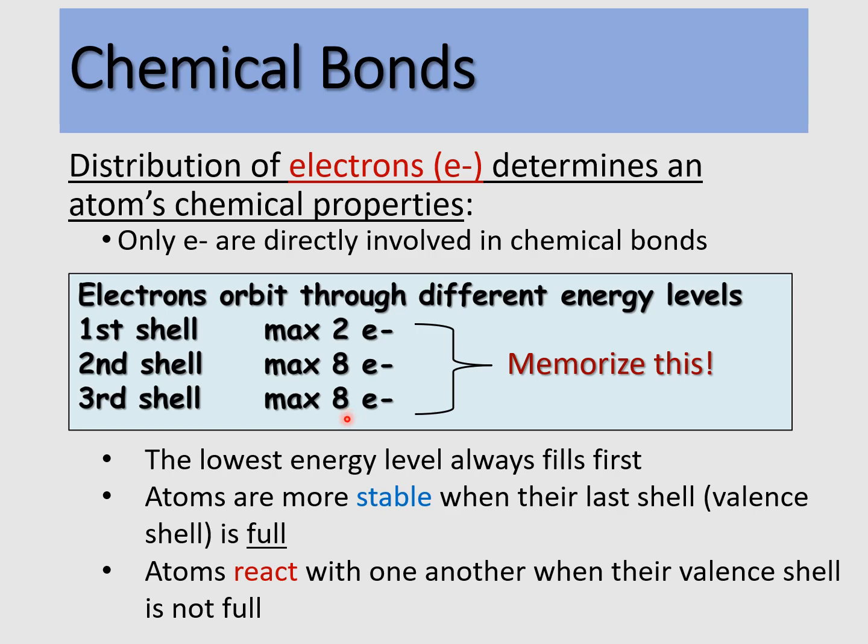But that doesn't happen all the time, right? So we can have these valence shells that are less than full. And that's when they're going to react with one another. So when they don't have enough electrons, they're looking for electrons to fill it up, okay? So let's talk about how these electrons interact with each other to create chemical bonds, okay?